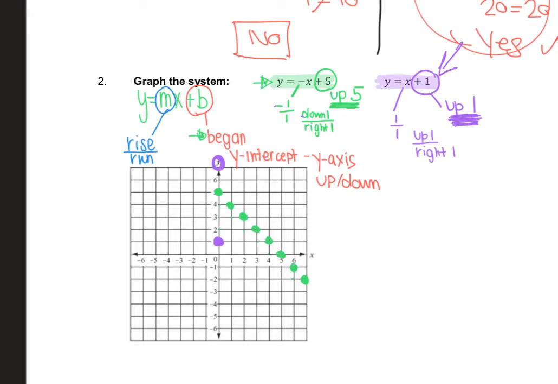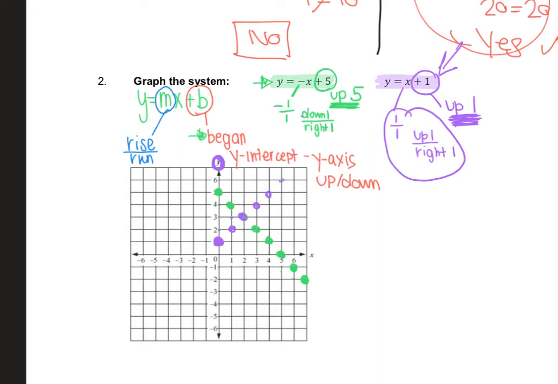And then I'm doing my slope, which is right here. Up 1, right 1, from my B. I go up 1, right 1. Up 1, right 1.